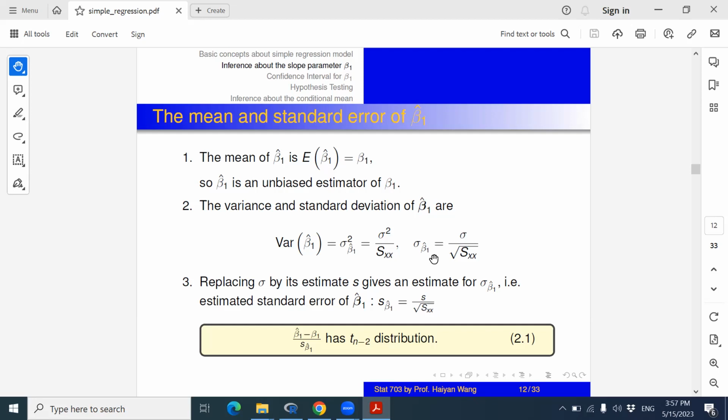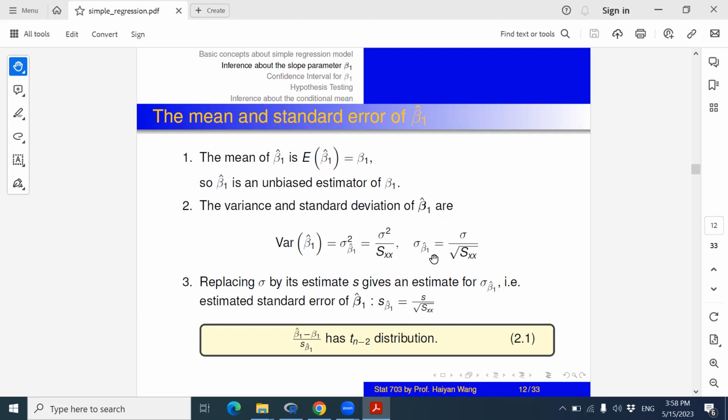And we see that beta 1 hat has a normal distribution, and we already have the mean and the variance. So if we use beta 1 hat minus the mean beta 1, divided by its standard deviation, which is the one in item 2, then it would have a t distribution in this case.